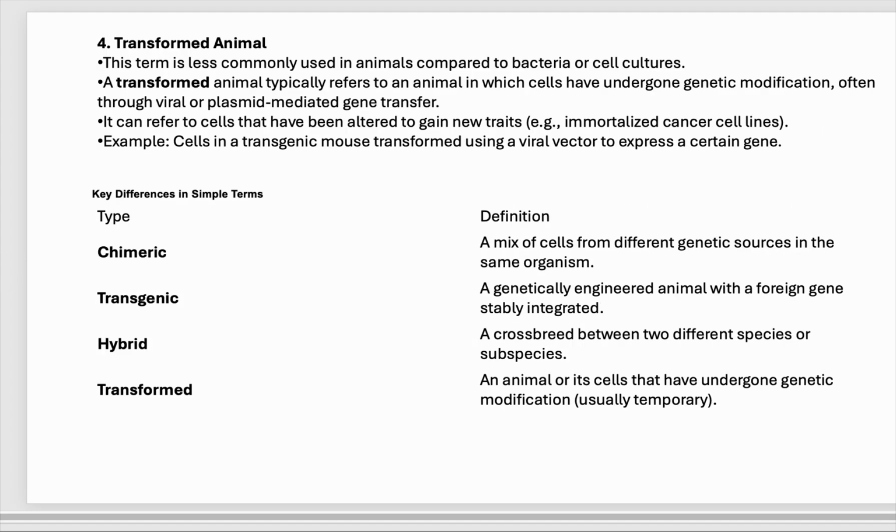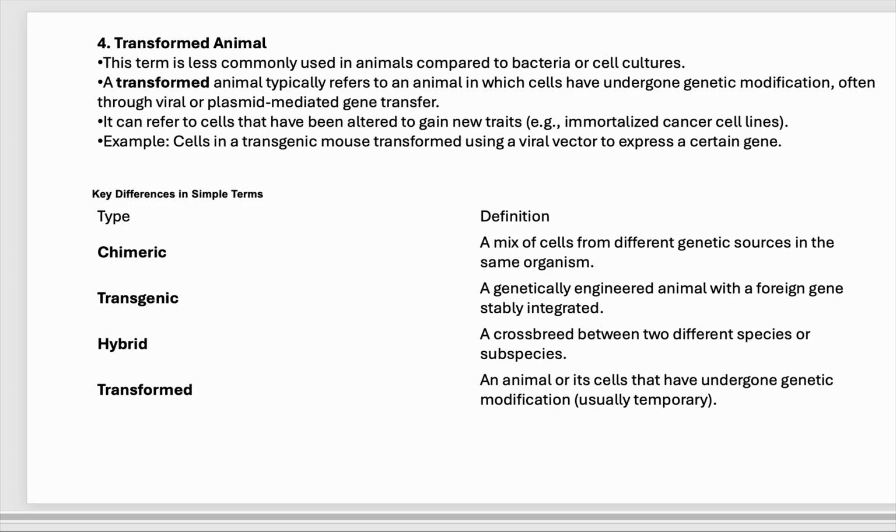And transformed animal. So it's not for animals exactly, it's more for bacteria. A transformed animal would typically refer to an animal which has cells that have gone through genetic modification, often through viral and plasmid mediated gene transfer, and that does not generally happen in animals. They are generally done in bacteria.